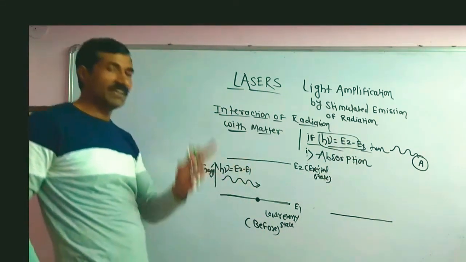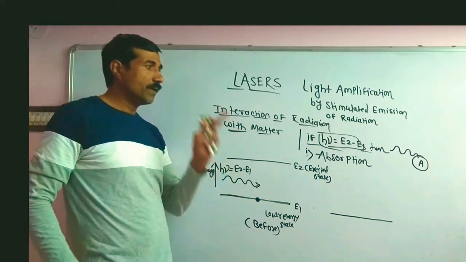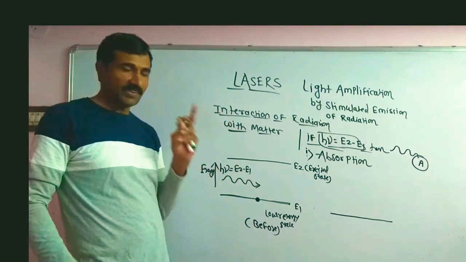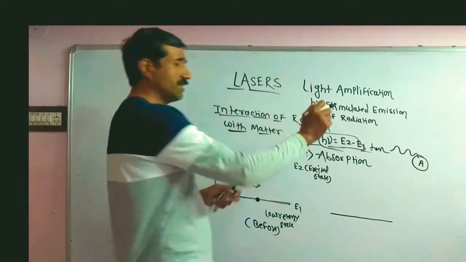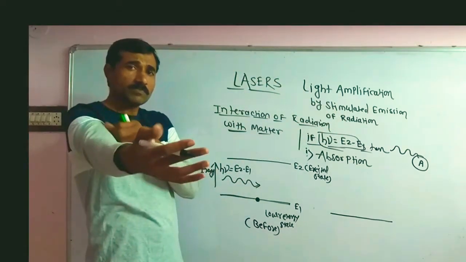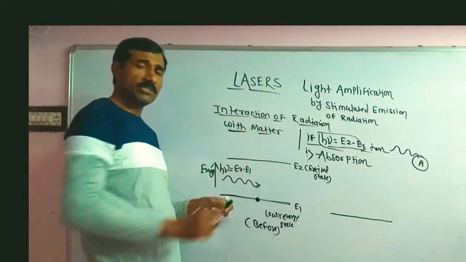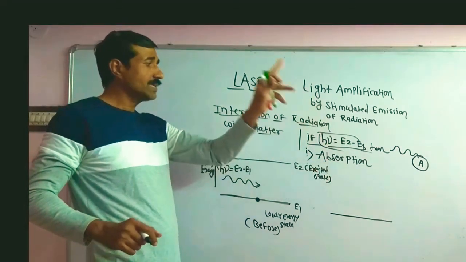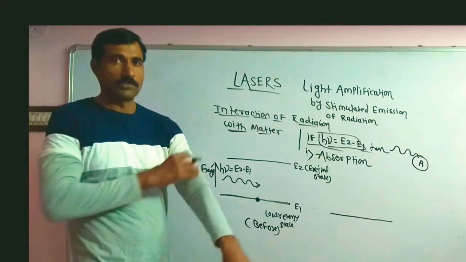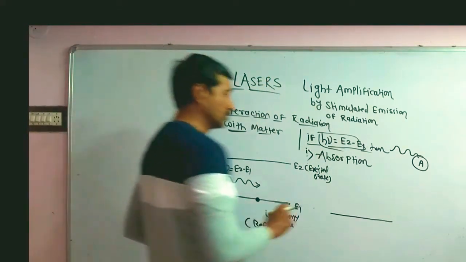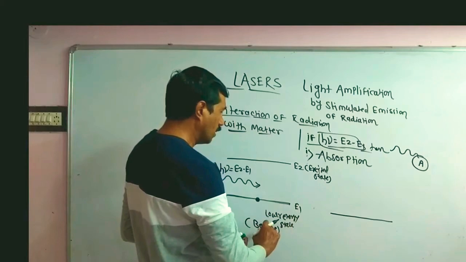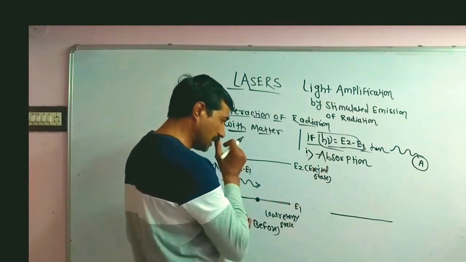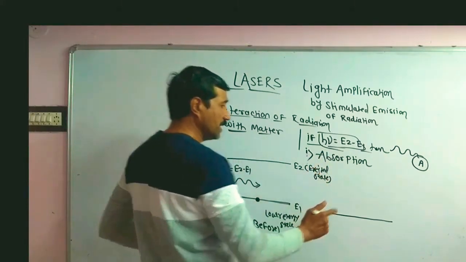This transition is the absorption transition, and the process in which this transition occurs is known as the absorption process. Then what is the picture of this absorption process after receiving the energy?